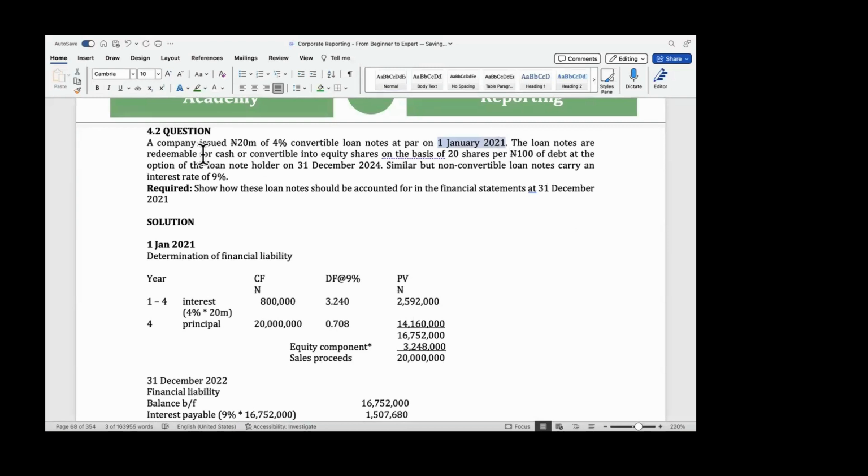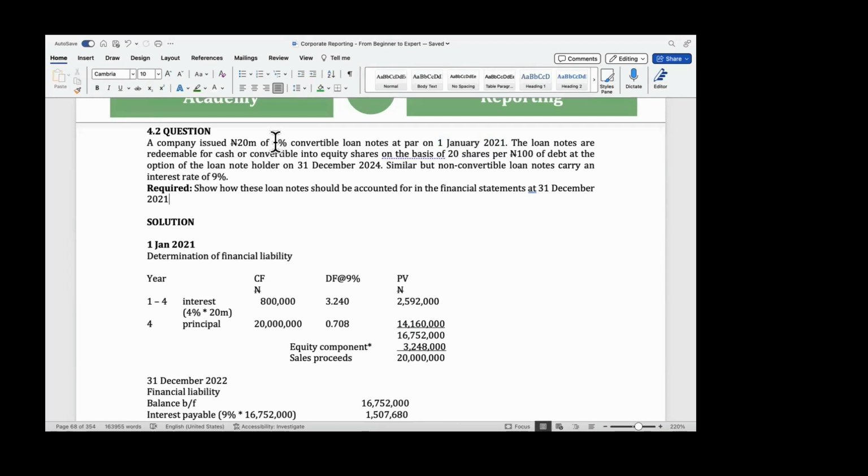The loan notes are redeemable for cash or convertible into shares on the basis of 20 shares per 100 naira of debt, at the option of the loan note holder, on 31st December 2024. We're now told that similar but non-convertible loan notes carry an interest of 9%. We are required to show how this loan note is accounted for in the financial statements at 31st December 2021.